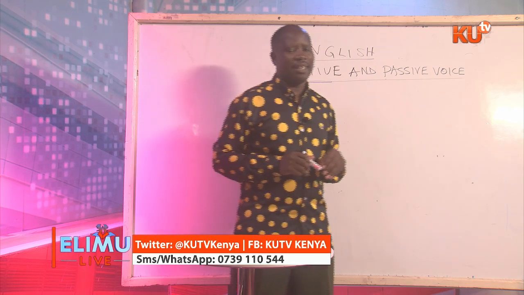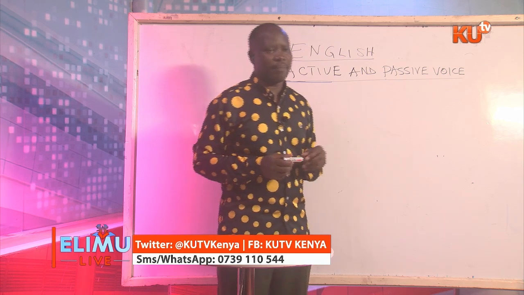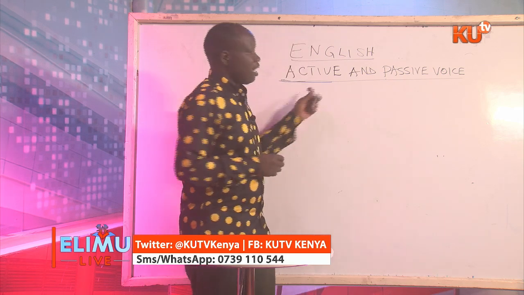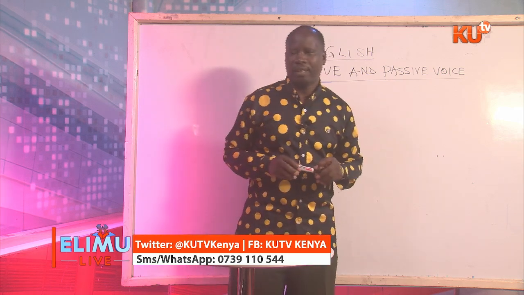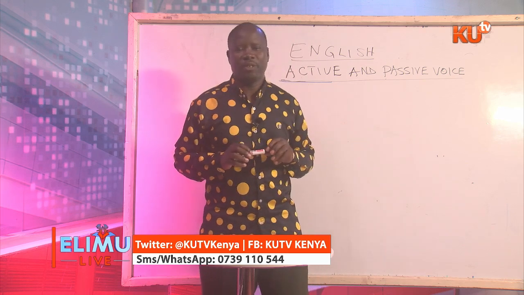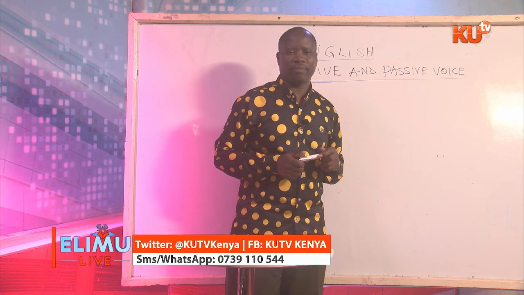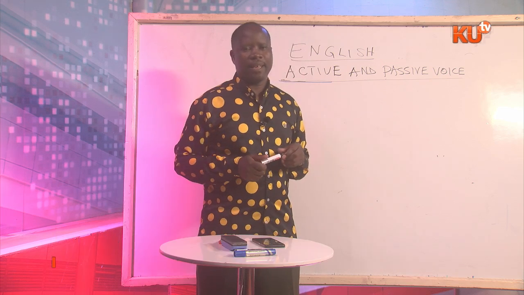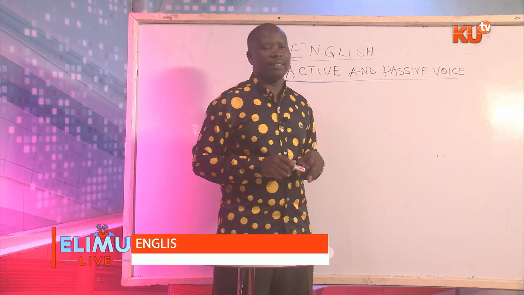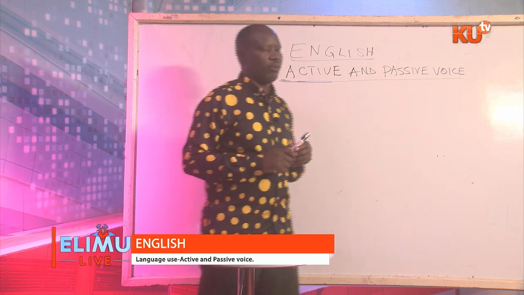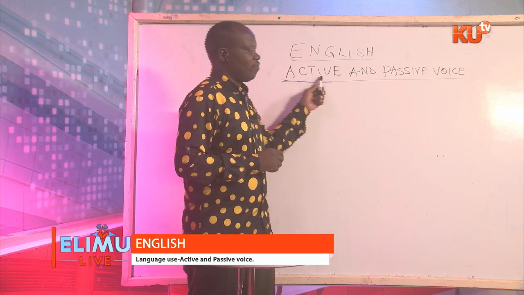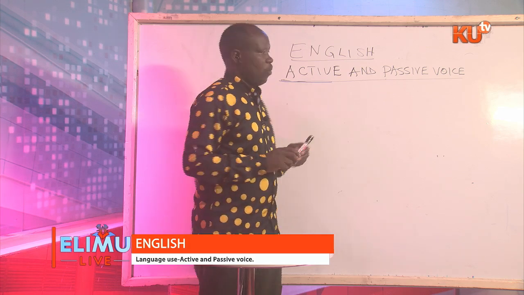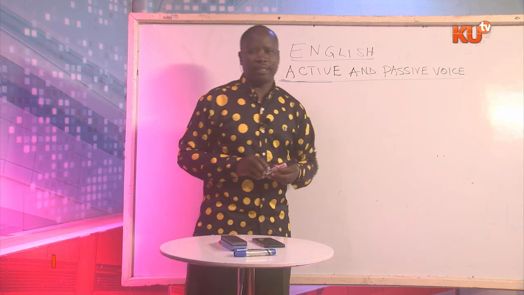Now, in our active and passive voice, what do I expect you to get by the end of this lesson? While going through this lesson, I expect that at the end, we shall be able to know what an active sentence is, what a passive sentence is.